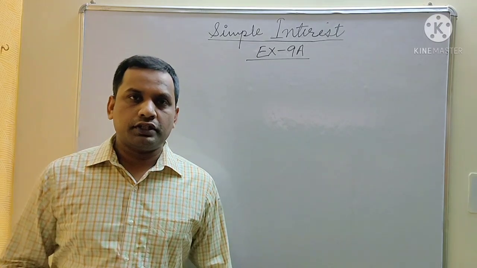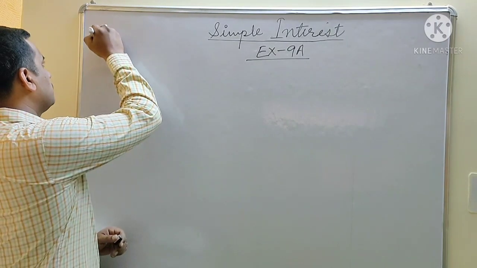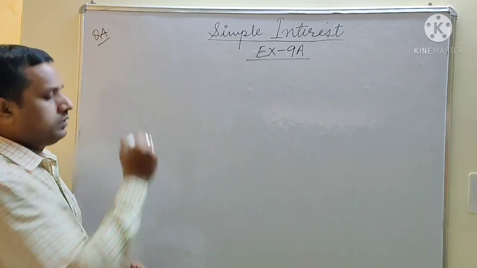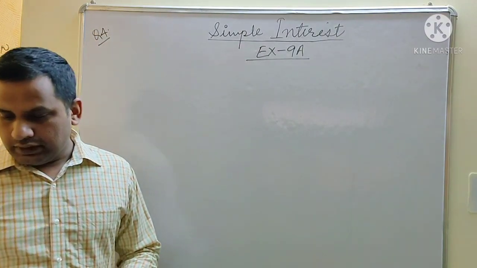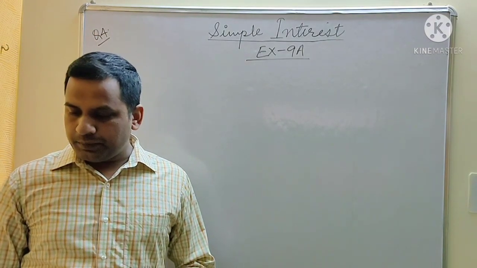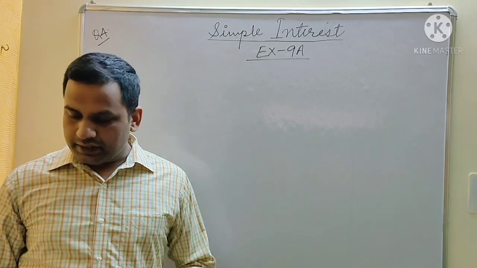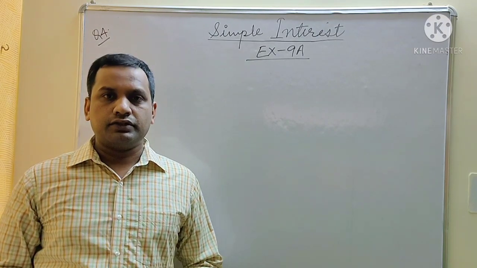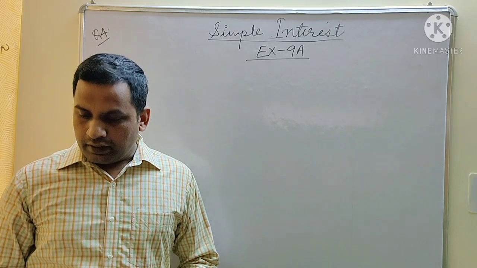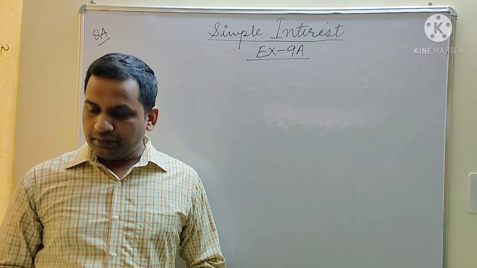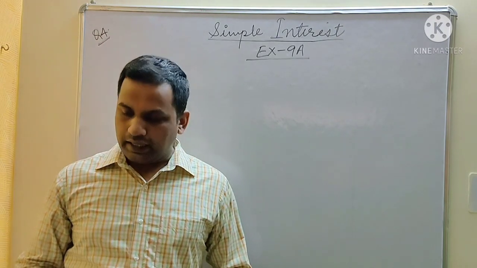Now let us see question number 4. Question number 4, it is asking: on what principal will the simple interest be rupees 7,008 in 6 years 3 months at 5% per annum?